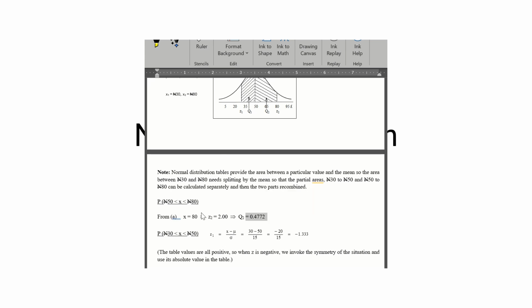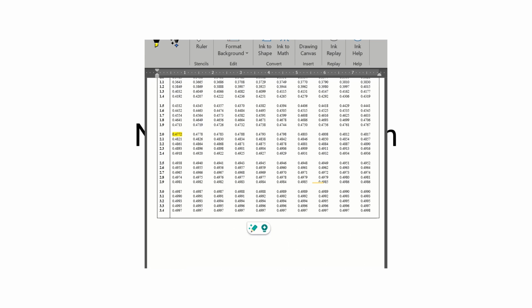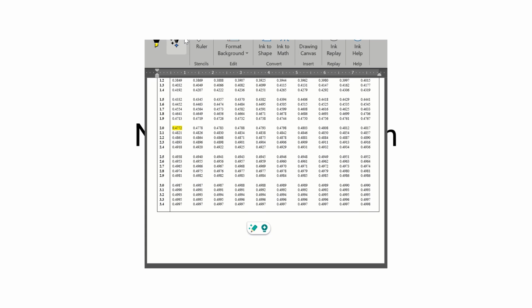After that we will now calculate for 30. 30 minus 50 all over 15, we have minus 20 over 15. So you have minus 1.333. Let's go to the table and see minus 1.33. If you look here, you see 1.3 is 0, 1, 2, 3. So this is the value here.